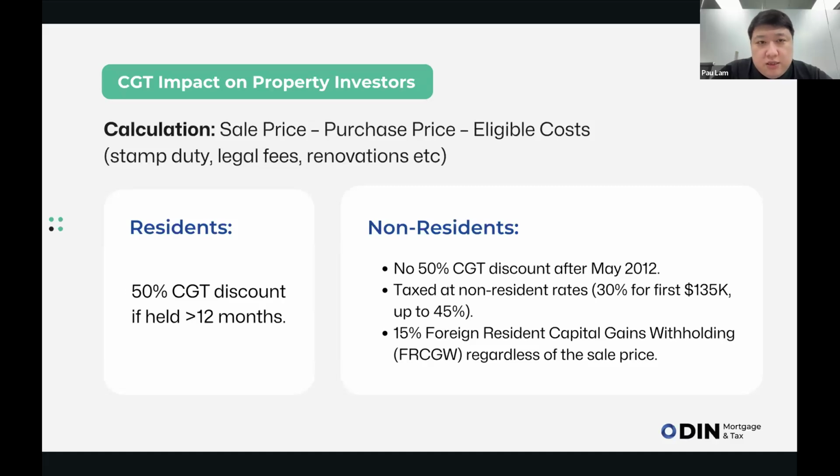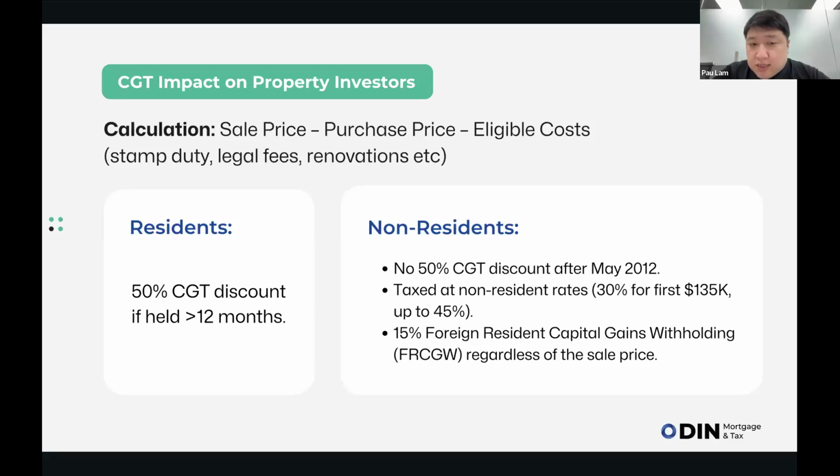If you're a resident of Australia, you can still enjoy the 50% capital gains tax discount if you hold a property or shares for more than 12 months. But when it comes to non-residents, the situation changed because there have been a lot of rule changes in the last 10, 20 years. As a non-resident for tax purposes, we no longer enjoy the 50% capital gains tax discount after May 2012, when the rule changed in that year's budget.